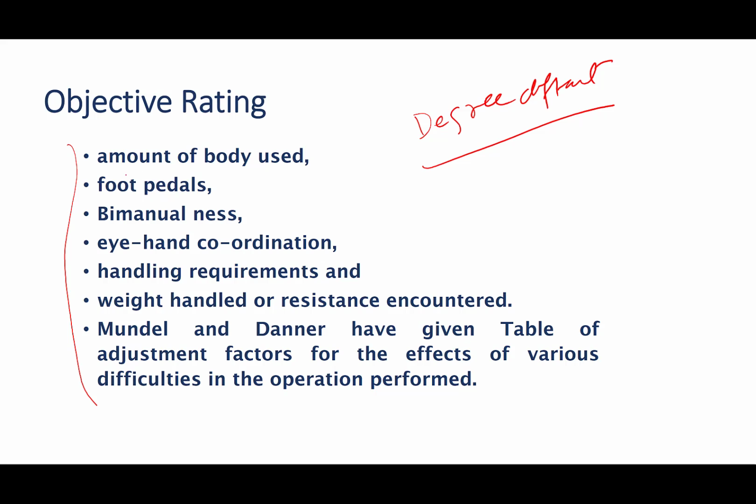So what is the amount of body used for performing the job? Are foot pedals used? Is there use of bimanualness, or the kind of hand and eye coordination needed for performing the job? Any handling requirement during the work, or the weight is also considered, whether the job is light in weight as far as handling, or the tools to be used are heavy, since that will put a lot of fatigue or resistance in performance of the job.